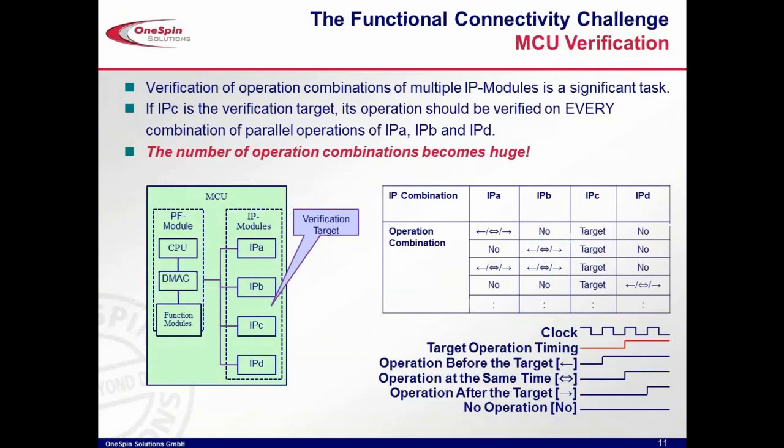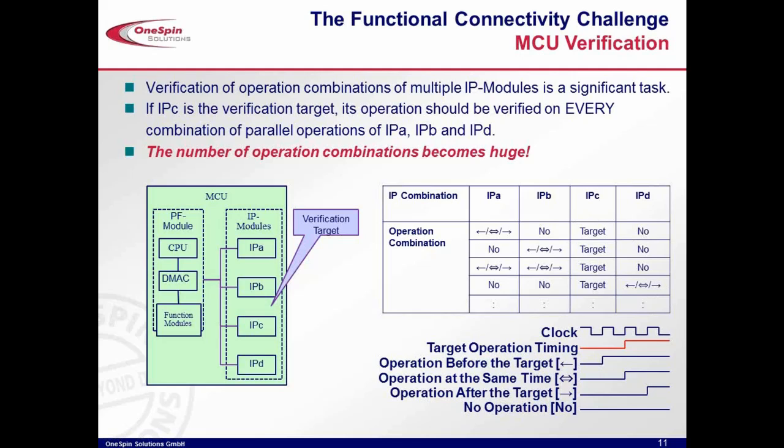So if you actually want to verify this for any possible combination, if you have a number of IPs and you're looking at IP C communicating, let's say, with the CPU, that's your target. You want to make sure things go well if in the other IPs there's nothing going on, or if there are operations going on with IP B but not IP A. If you really want to make sure this communication channel works correctly for any other possible condition going on in the system, it's basically impossible to do with simulation to start with.